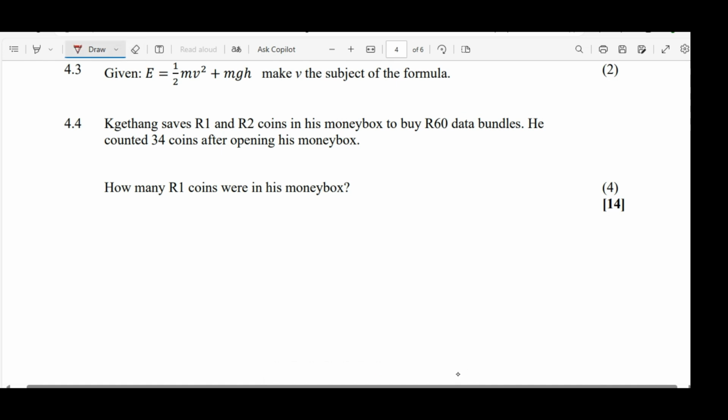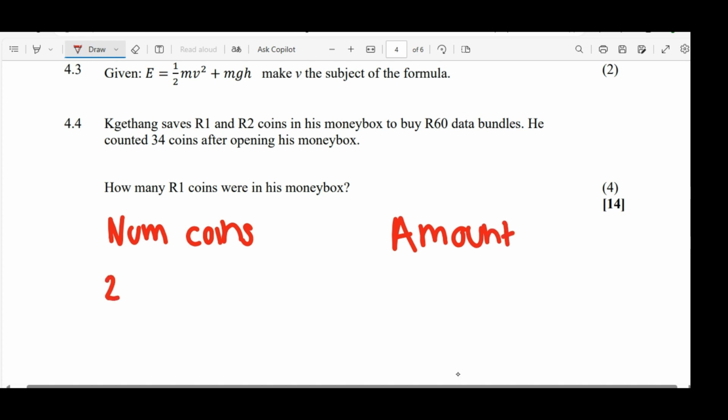So what I did was I started with the 2 Rand coins because those are going to be the most important. They're the biggest amount. So I tried this a few different ways. And what I said is the number of coins and then the amount. Okay, and so I said, what if we had 26 2 Rand coins?